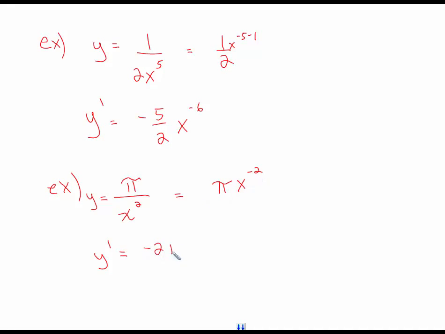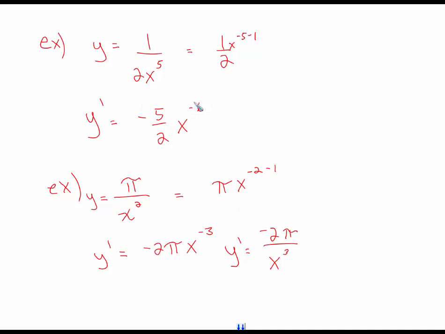We have negative 2 pi x, and then we subtract 1, so that gives us negative 3 as our exponent. And if you want to write this without negative exponents, it would be negative 2 pi over x to the third, y prime.